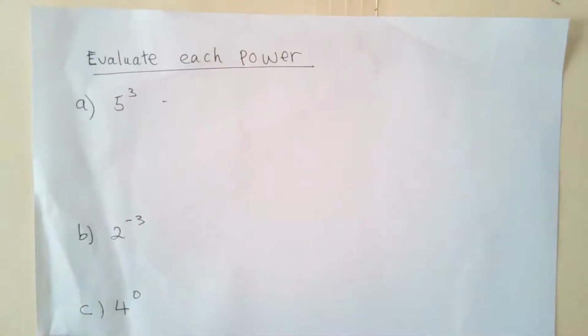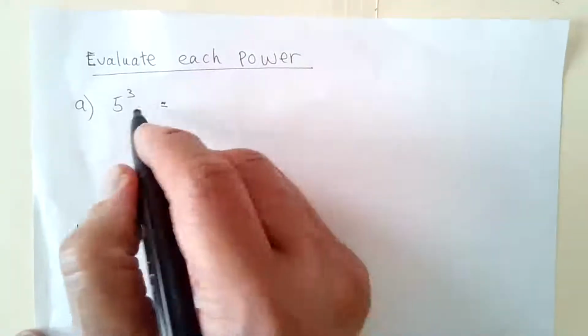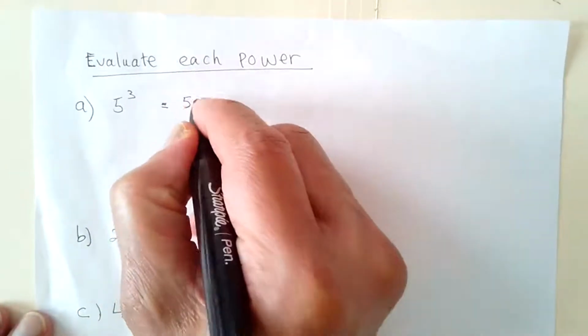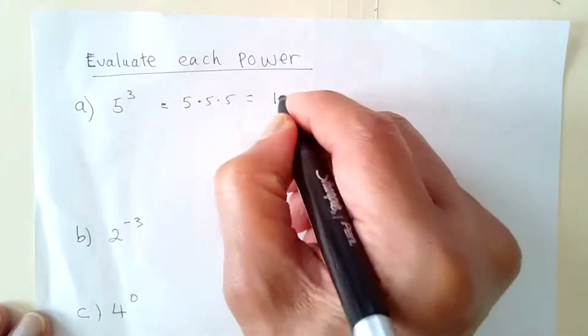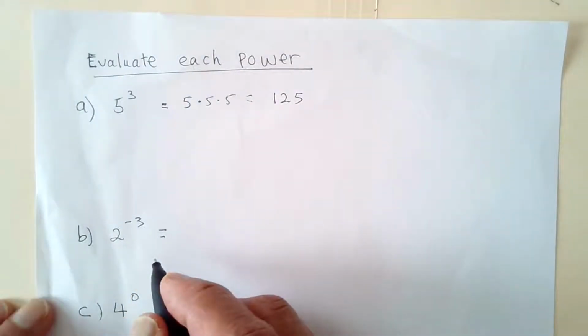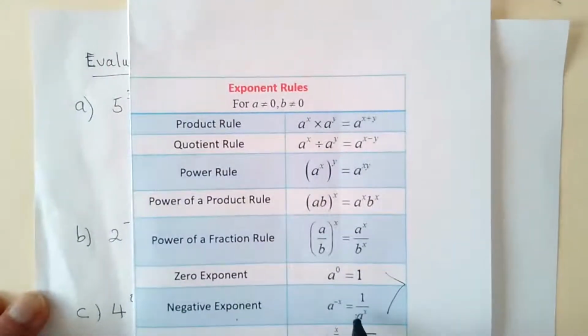Let's look at these examples. 5 to the power 3. This is your power rule, which means 5 times 5 times 5, which works out to be 125.